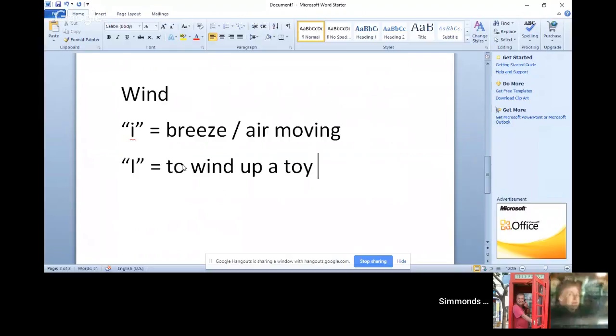If I look up wind up, it's to give something power by turning something. So it's like that mechanism inside in order for it to move. To wind does mean to turn, that's the actual action, but it's used differently. Okay, I think that's the best I can do for now. More words.